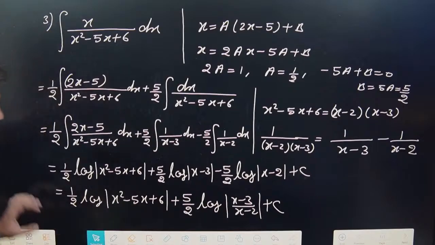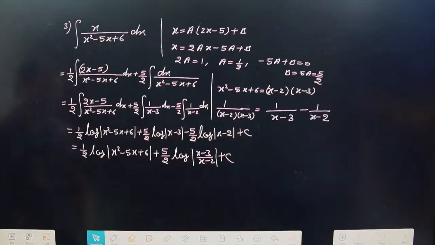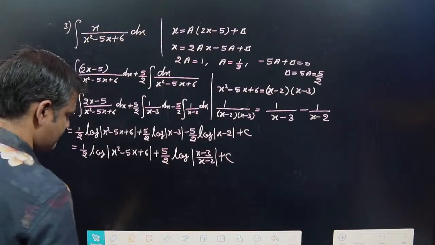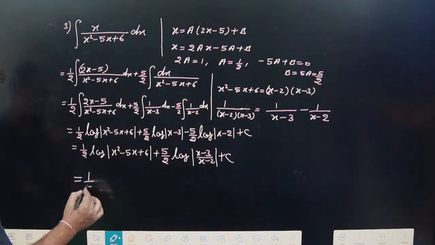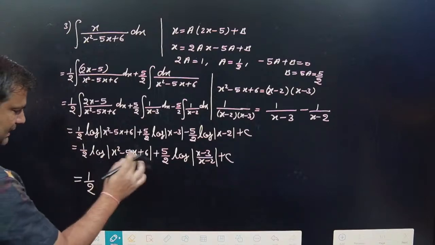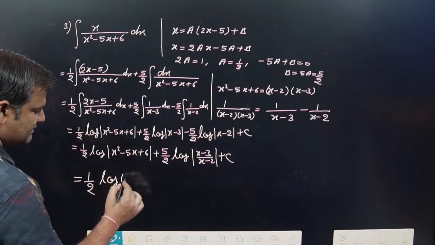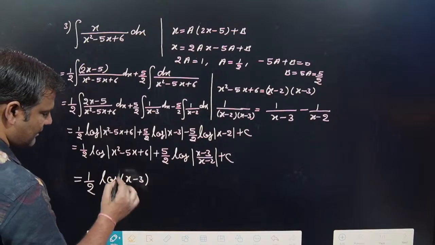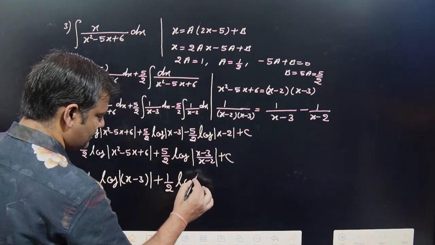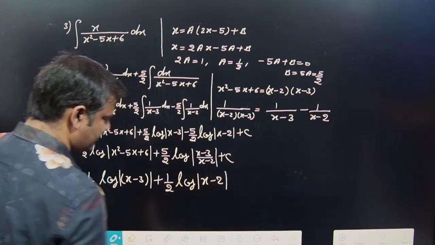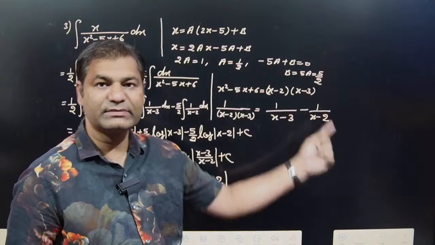Okay, now after that, look here very carefully. You can also solve it here: 1 by 2 into log of x minus 3 plus half into log of modulus of x minus 2. This is basically x minus 2 into x minus 3.